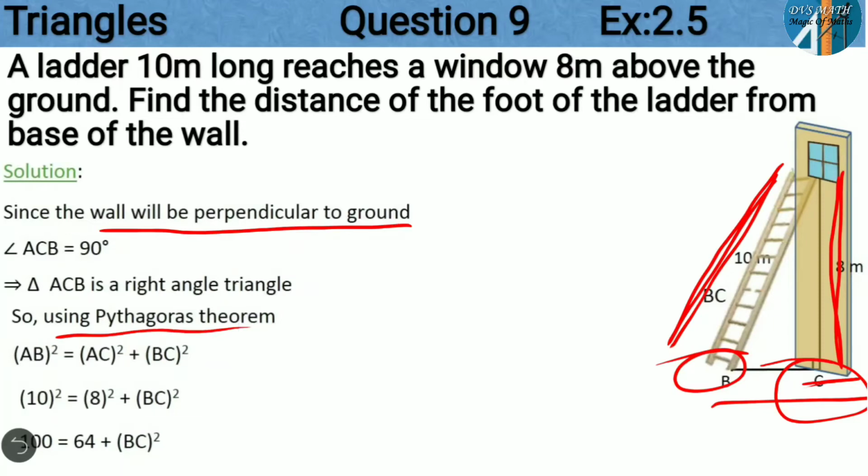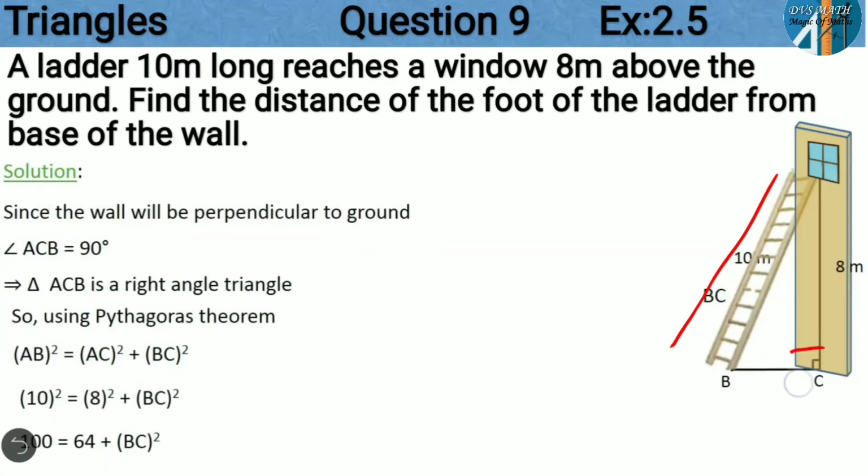Angle C is 90 degree, so the side opposite to it, AB, will be the hypotenuse. So AB square is equal to AC square plus BC square. We need to find BC square.